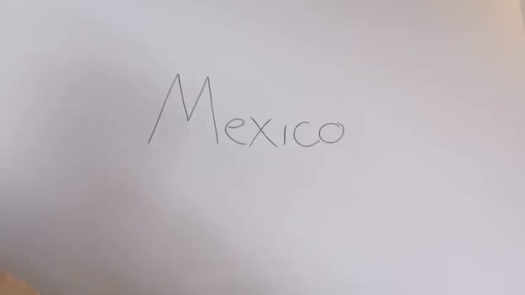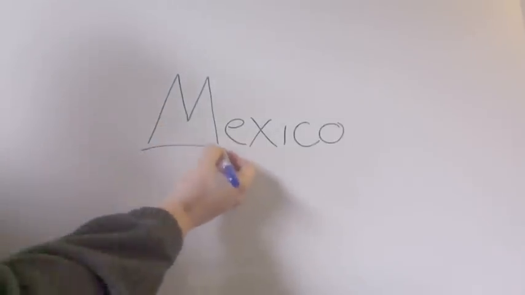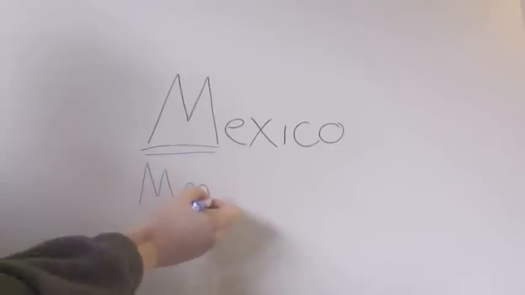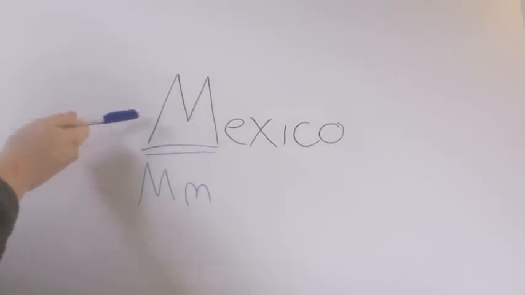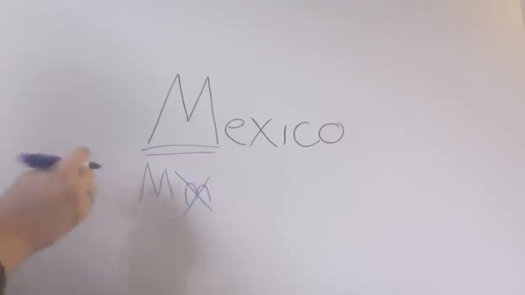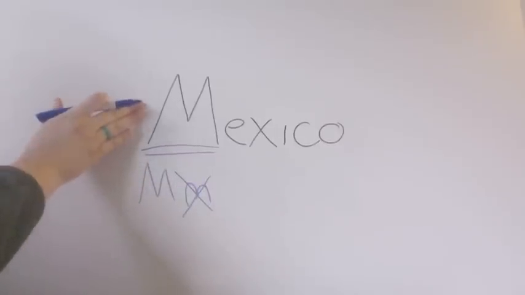Mexico. So, this is the name of the country that is south of the United States, so below the United States. Because this is a name, you need to remember to capitalize the M. So uppercase M, not the little m. Always the uppercase.